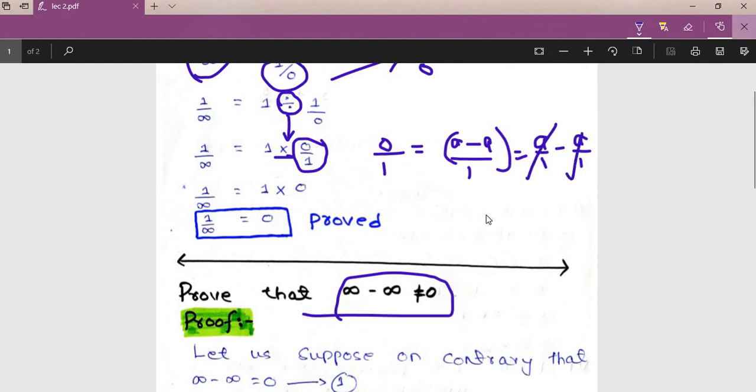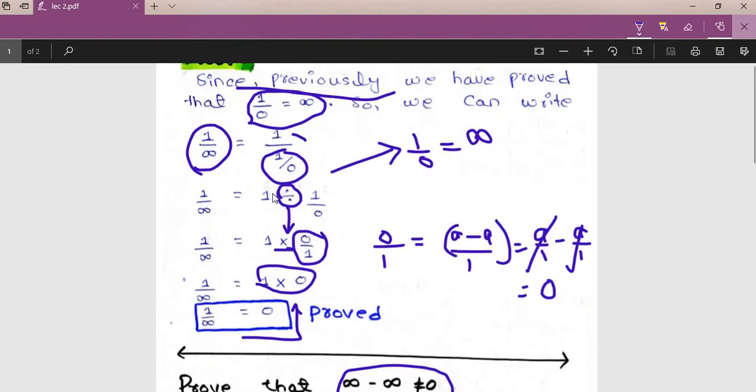So both will cancel and it will result in 0. So dividing 0 by 1, or 0 by any number, we get 0, and multiplying 1 by 0, we got 0. That is the reason 1 divided by infinity answers us 0. This is the simple proof, and it's a very basic level proof.